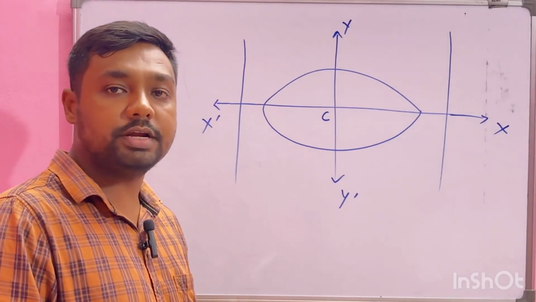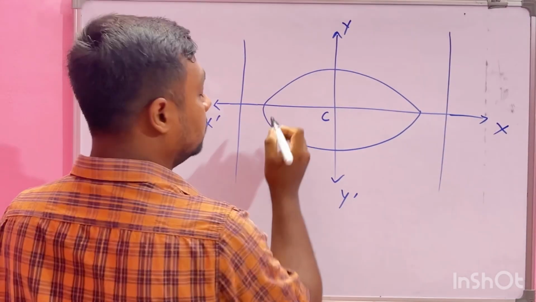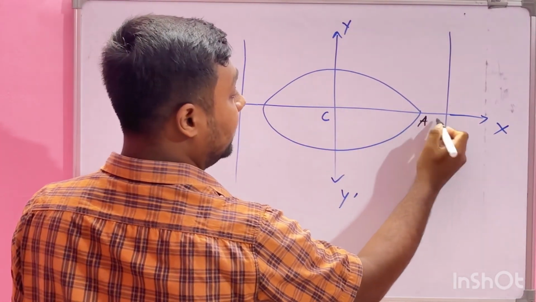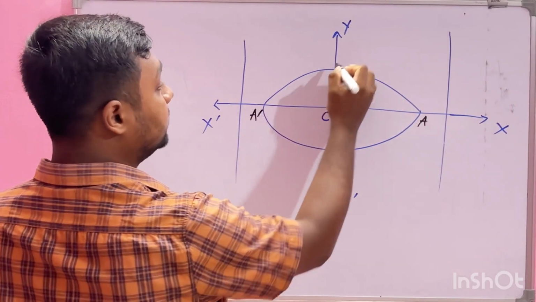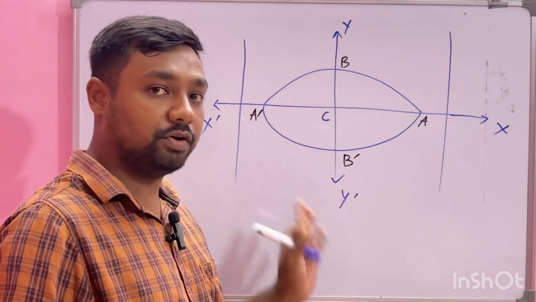As we have already seen, in a parabola there is only one axis, but for an ellipse there are two axes. One is A dash and another is B dash. So there are two axes for this ellipse.